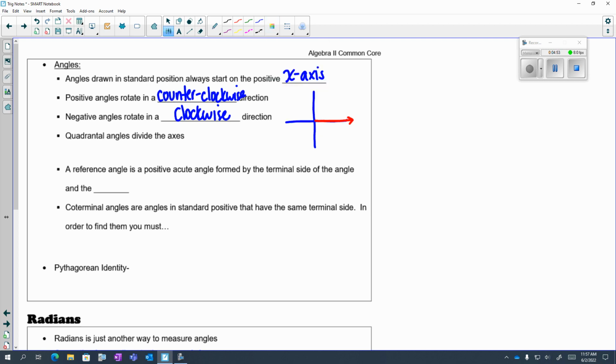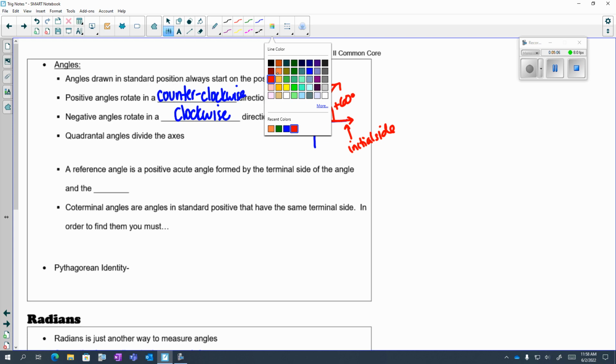Here's my initial side. If it's going in this direction, it would be something like a positive 60 degrees. If it was going in this direction, it would be something like negative 135 degrees.